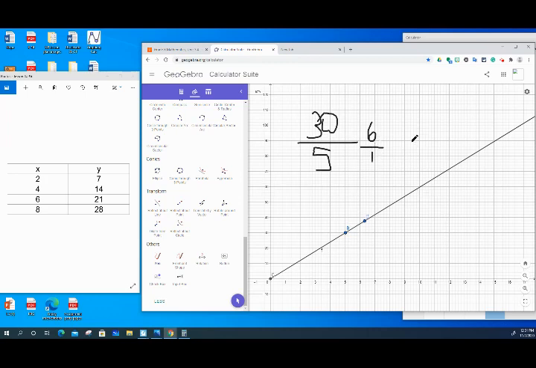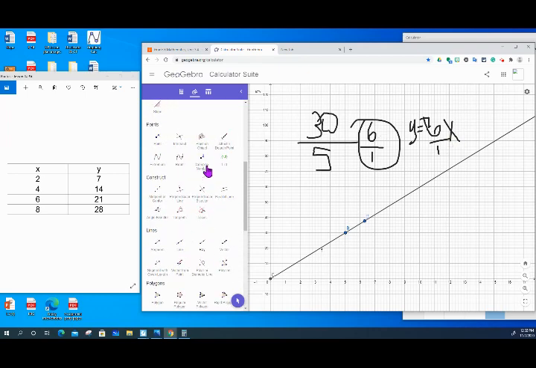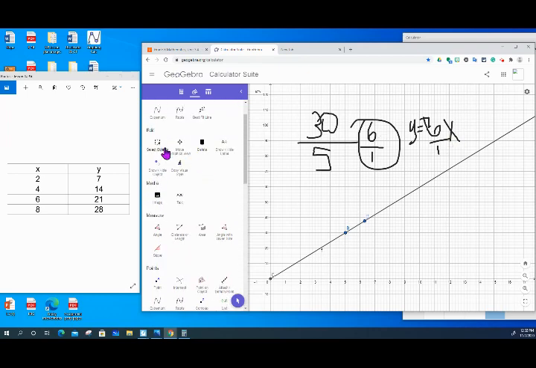So now that means my equation for this line, here's my rate of change, y equals 6 over 1x. So there's my equation. I'm going to go ahead and erase all this other stuff off of here, and we're going to leave that.